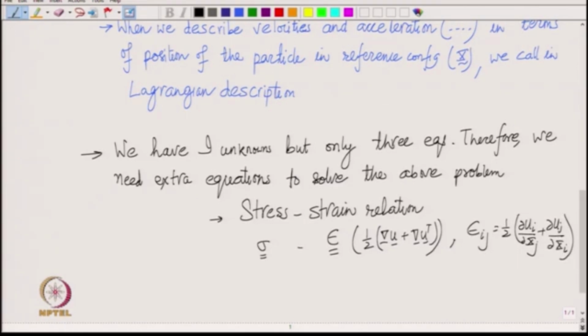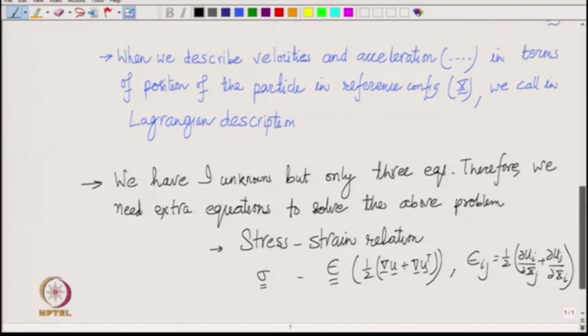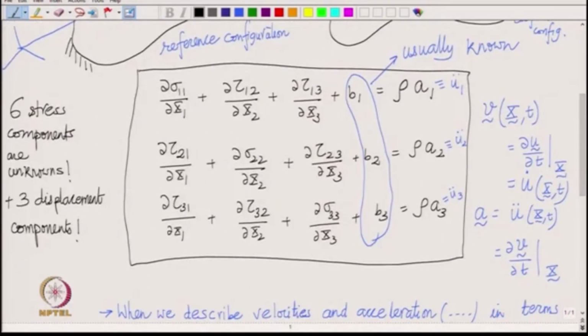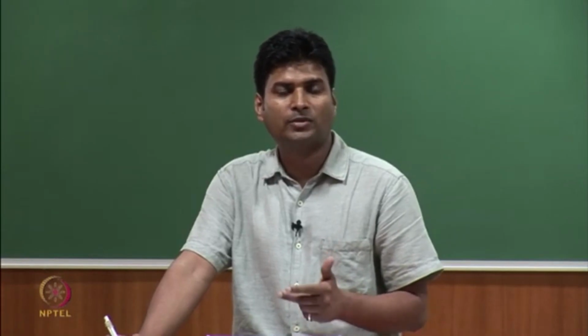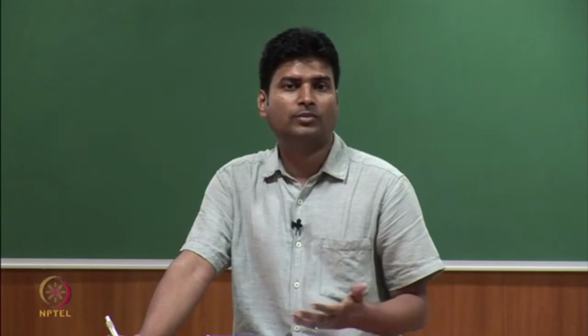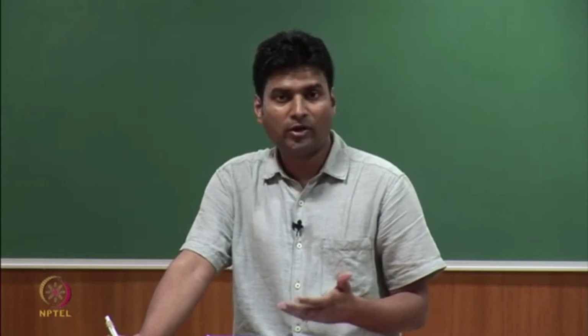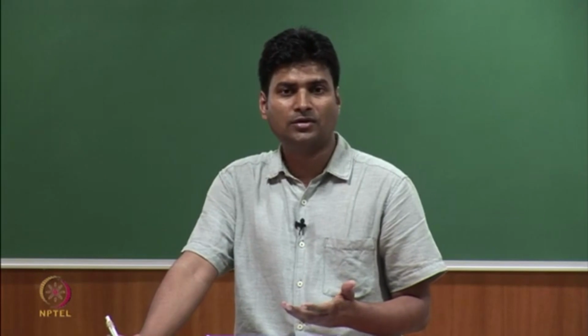So, we can write strain in terms of displacement, and when we can write stress in terms of strain, then indirectly we are actually writing stress in terms of displacement, is not it? So, when we come back to our equation, the 6 stress components through stress strain relation we will be able to write in terms of displacement, and then we have only the displacement as unknown, the 3 components of displacement u1, u2, u3, and we also have 3 equations. So, we can now go ahead and solve these equations, right.